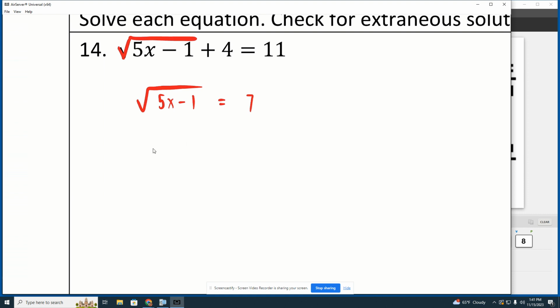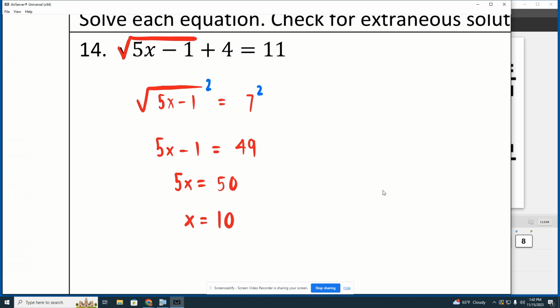So step 2, when we learned this, was you raise the root, meaning if that's a square root, we're going to raise both sides to that second power. On the left side, the square root and the square cancel, so 5x minus 1 just gets to drop. But on the right side, 7 squared is 49. Then I'm just going to solve a simple problem. Add 1, divide by 5.